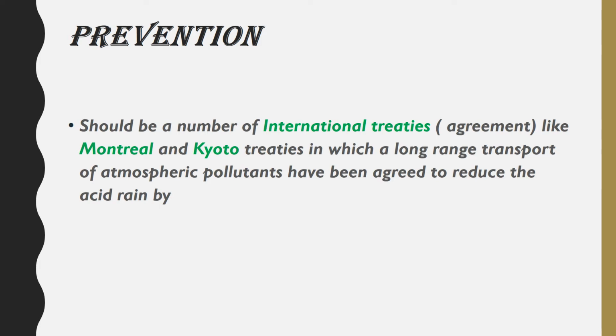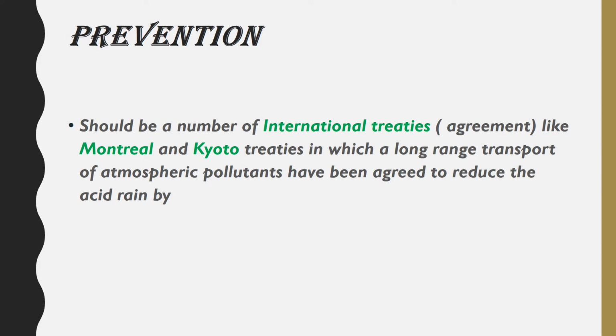So there should be a number of international treaties that can reduce the acid rain, that can reduce the emission of hazardous gases into the atmosphere, which can cause less acid rain, so we can prevent acid rain.